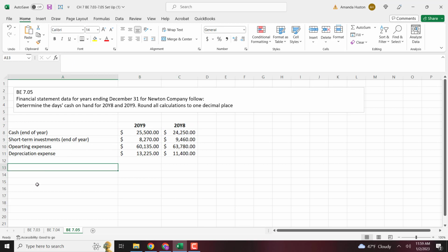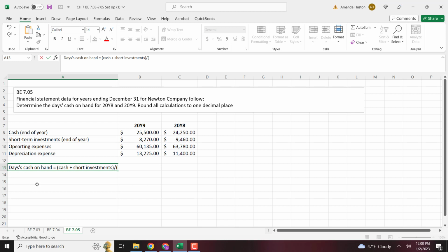So the calculation for days cash on hand equals cash plus short-term investments divided by the parentheses, remember orders of operation, right?